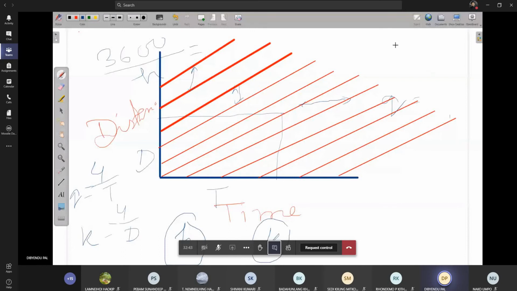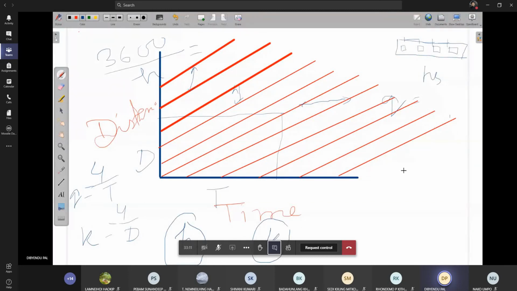Now suppose you take a 1 kilometer distance, and there are many vehicles standing on this road. If you measure the space headway between these consecutive vehicles, for every vehicle, and say the average space headway is HS.